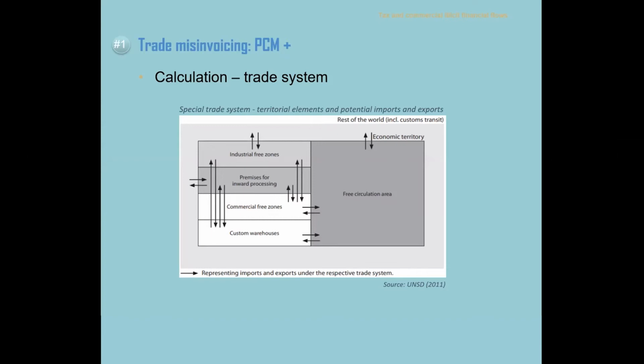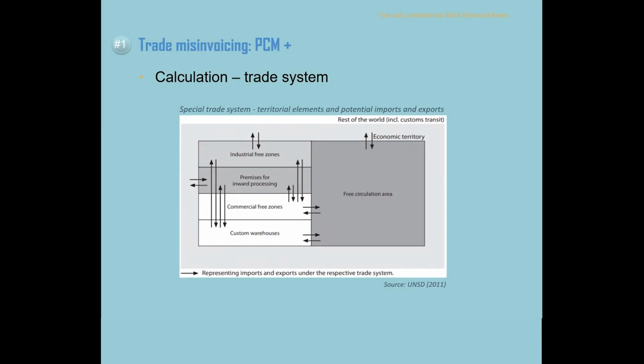Now, if another country is exporting to our country and those exports go to the commercial free zone, they would be assigning this to their exports to our country, whereas we would be assigning this not as imports to our country, but imports to the commercial free zone.